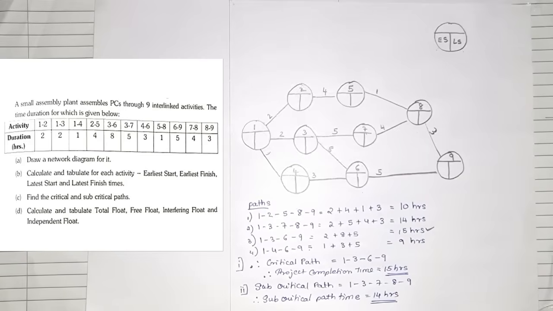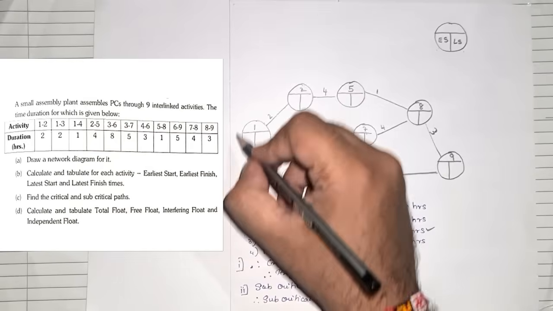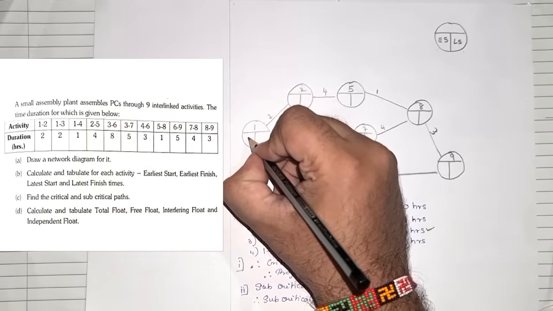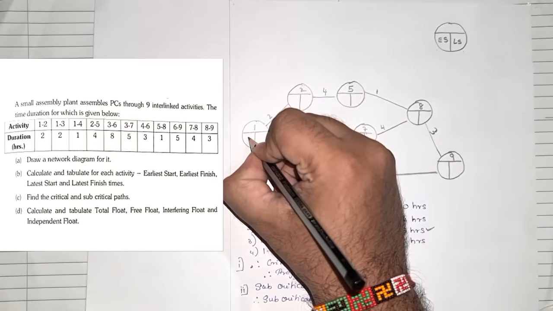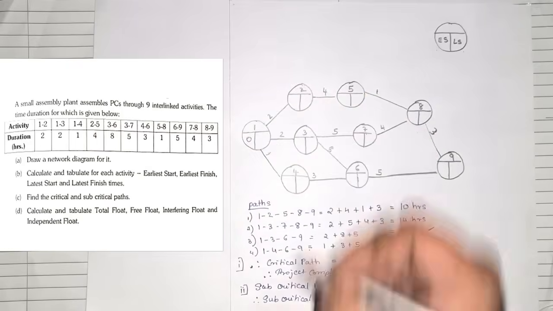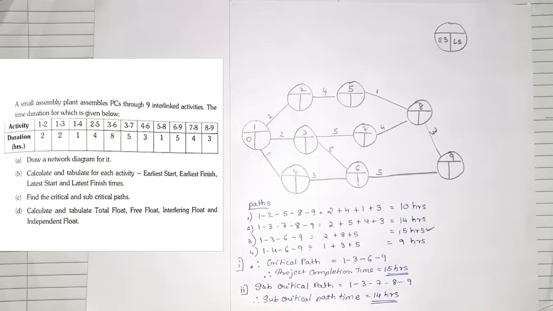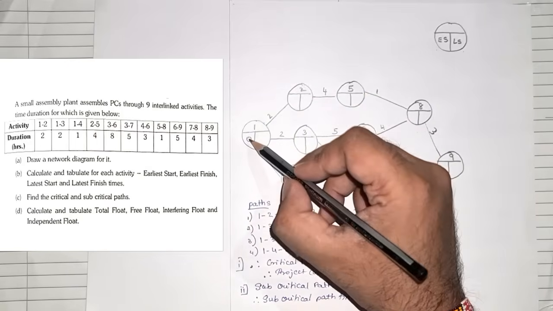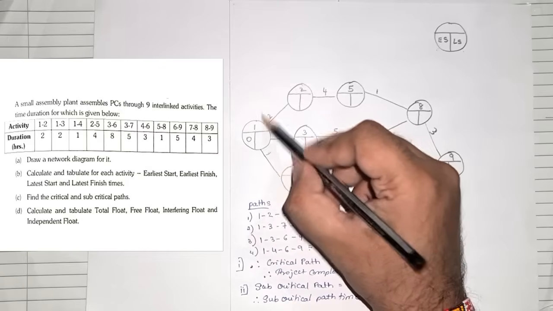Now let us see how to fill up this diagram. Always remember, you will always start first with the earliest time for all. So always remember the very first node, the value will always be 0. Now we add 0. Now these are all your durations.